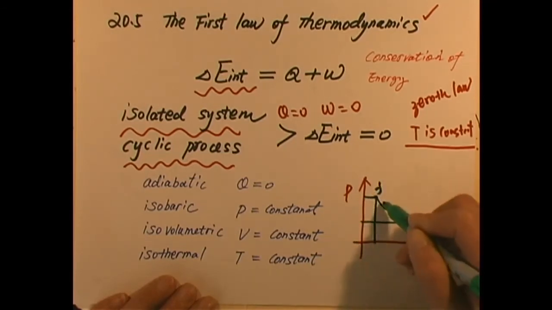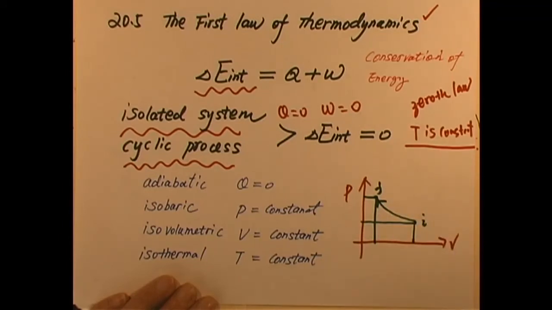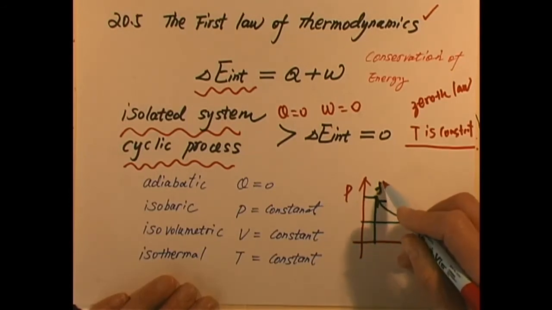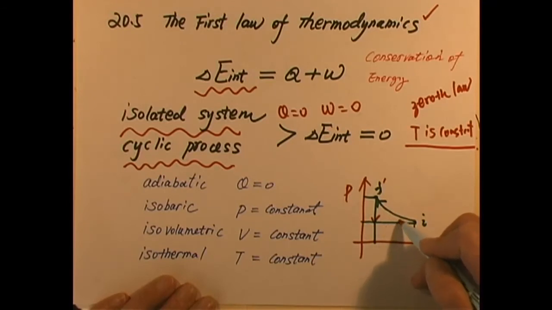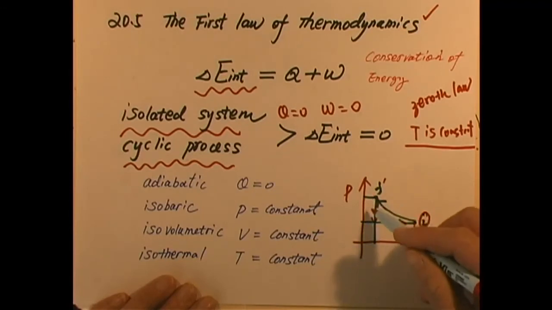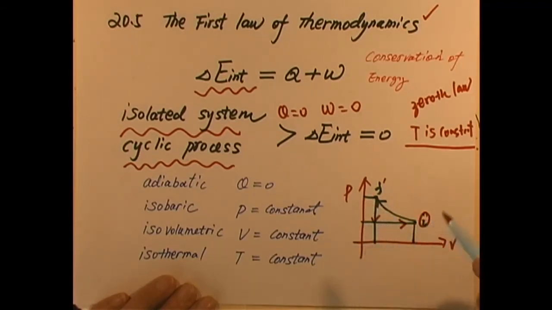So that is initial to the final. If we want to have a cyclic process, this is initial, this is not final, actually it's final prime, and then we go down to here, and then we come back to here. So if we start from this point, we go through a cycle and come back to this point. This is called a cyclic process.